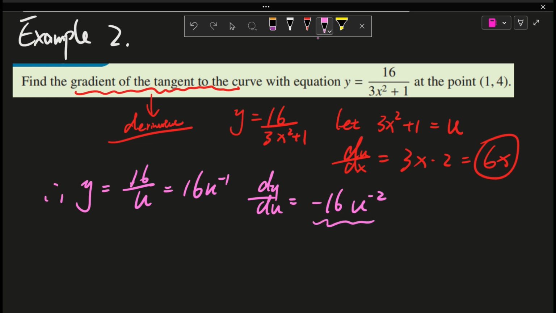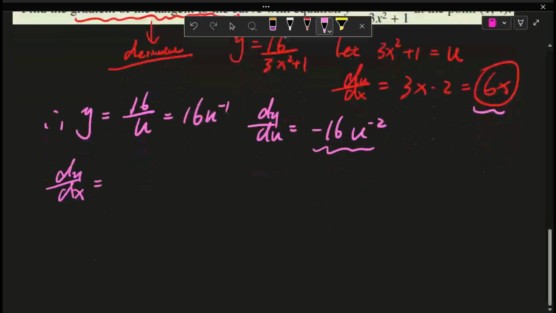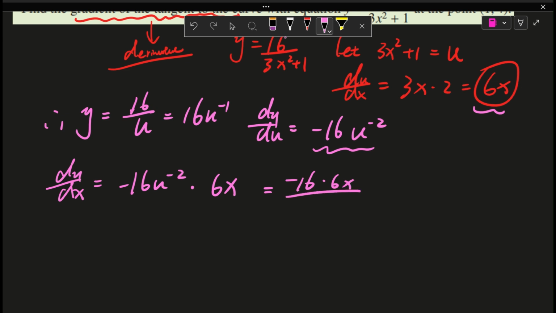Perfect. Now we have two things, and we find dy/dx equals negative 16u to the power negative 2 multiplied by 6x, which equals negative 16 times 6x over u squared.